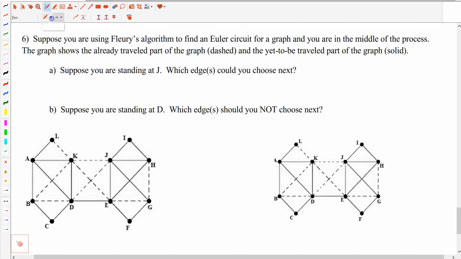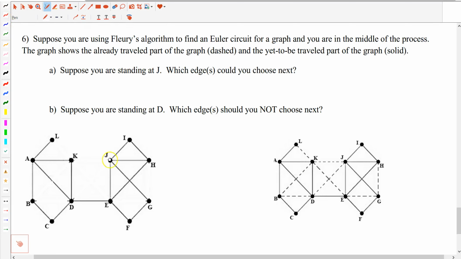I'm going to come in here and actually remove these dashed lines. They've already been traveled, so I wouldn't be able to use them again. If you're having a lot of difficulty visualizing it, you could take the time to put the whole thing in pencil and then omit those edges that have already been traveled.